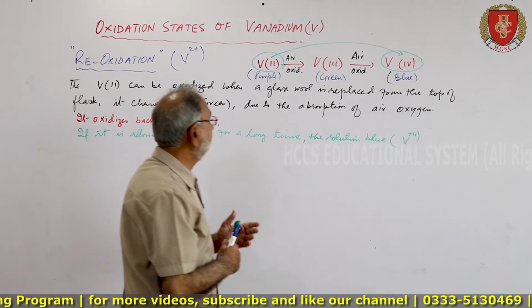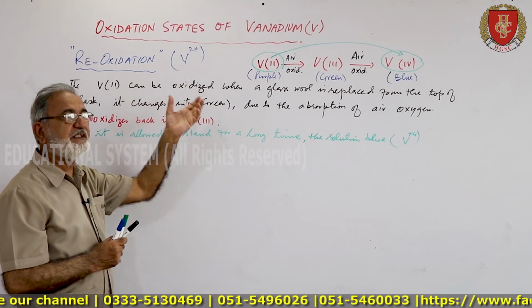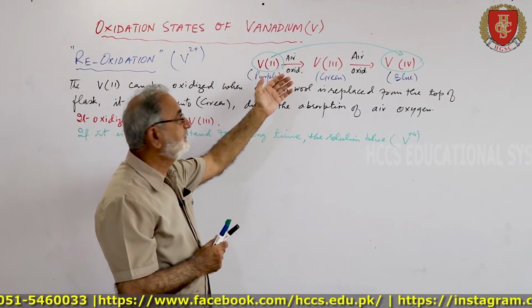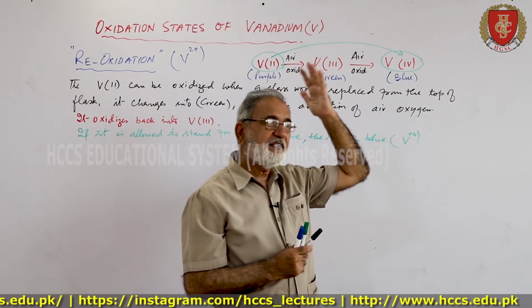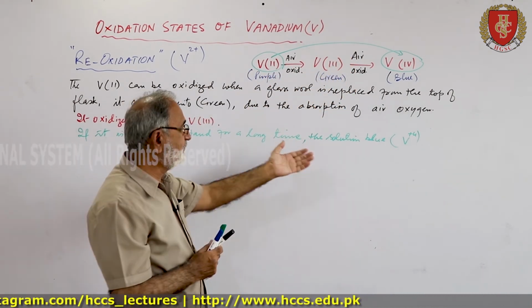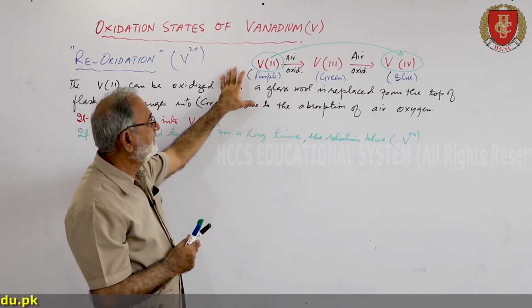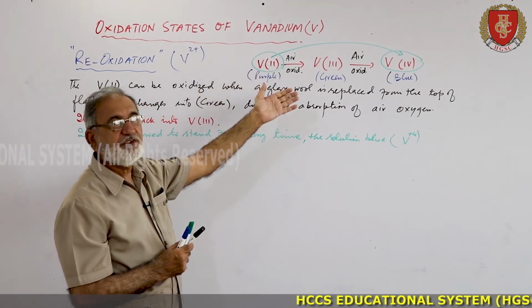Now this re-oxidation of vanadium 2 basically only occurs if it is exposed to air. If it is not exposed to air, the reduction is carried out in the presence of zinc and acidic solution. When it is exposed to air, it gets oxidized.